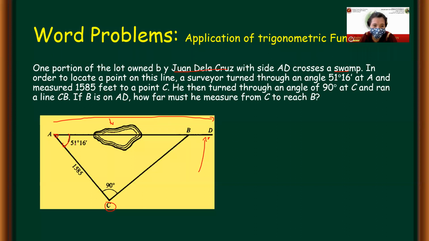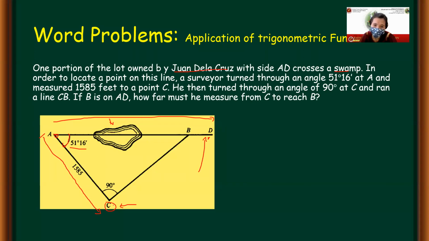So, he makes a 51 degree, 16 minutes angle to create the temporary point C. Then, the distance from A to C, he also measured beforehand. So, he measured that as 1,585 feet.